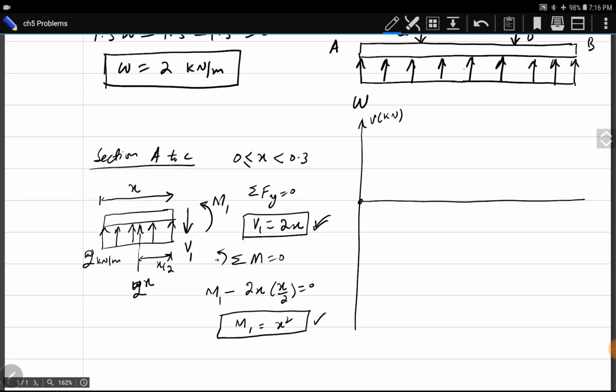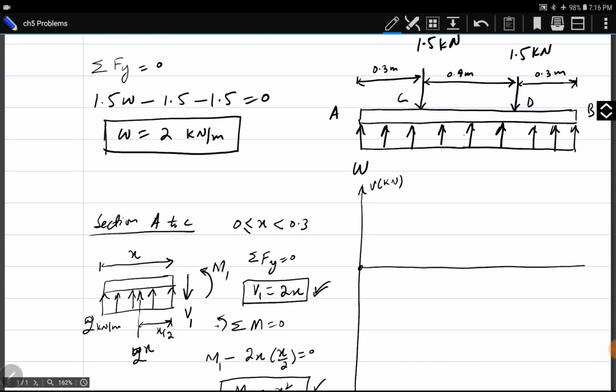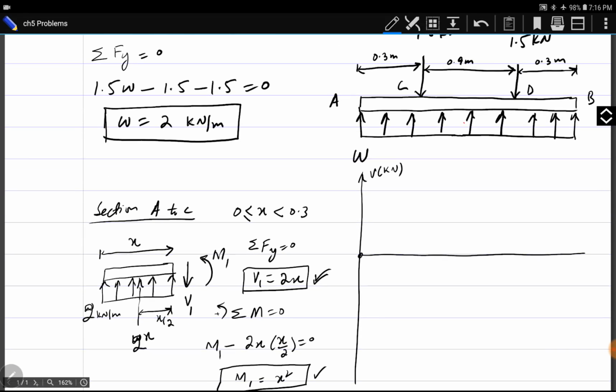If you put x equal to 0.3, V becomes 0.6. Since this is a linear expression, it will be a straight line.